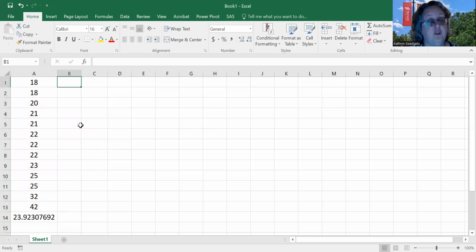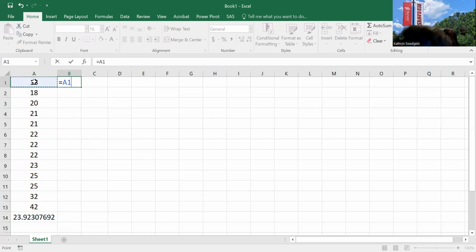So I'm going to come into the first box and I'm going to say equal, because we always do that for a formula. The data piece, so I'm going to click on the top data piece, minus, and so that I don't have to redo it, I'm just going to type in the average I see down there, 23.923076692.